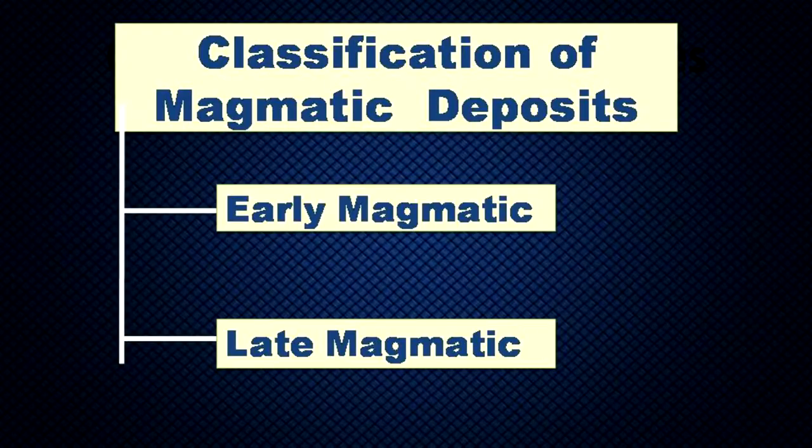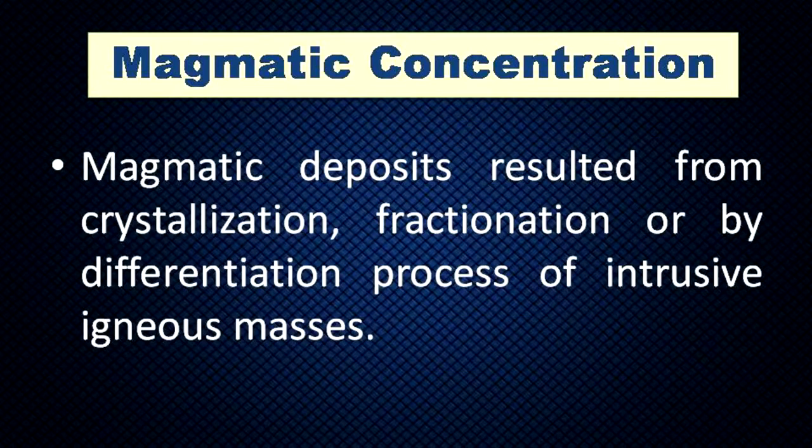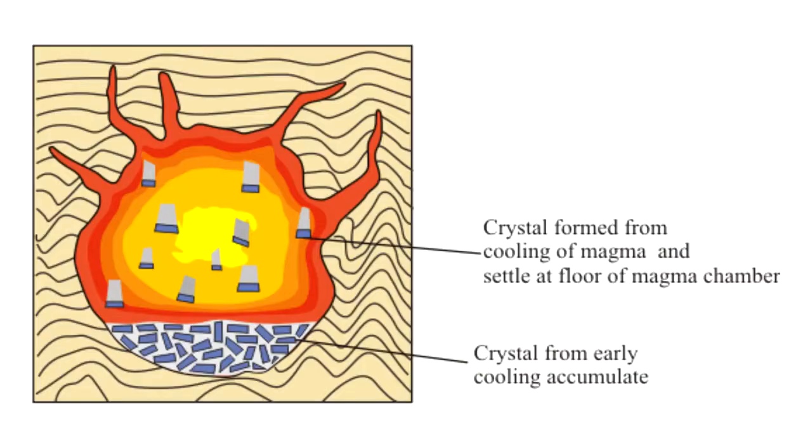Now come to the classification of magmatic deposits. As I told you earlier, magmatic deposits result from crystallization, fractionation or differentiation processes of intrusive igneous masses. In the magma chamber, crystallization is taking place with the lowering of the temperature.